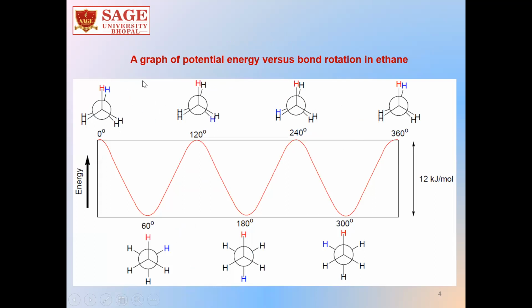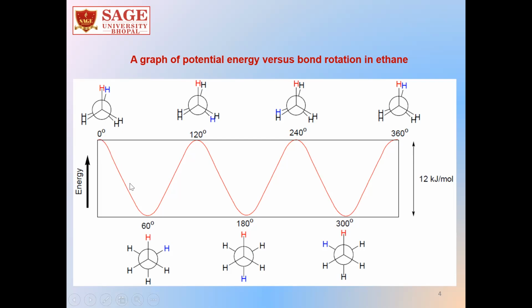Now, if we see a graph of potential energy versus bond rotation in ethane, two colors are used. One is red, which is the front carbon, and the other is blue, which is attached to the rear carbon. In this case we can see the angle is 0 degrees.